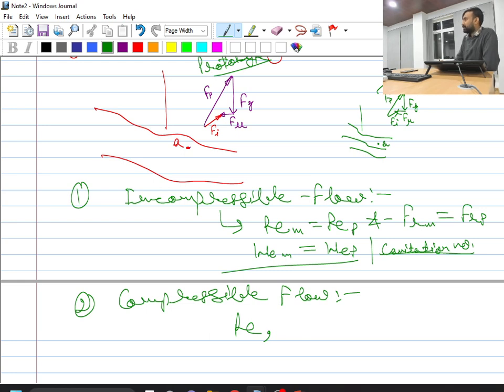Another important parameter is the Mach number. The Mach number of the prototype and model should be the same. The second important parameter is the ratio of specific heats, Cp by Cv. This ratio should also be the same.